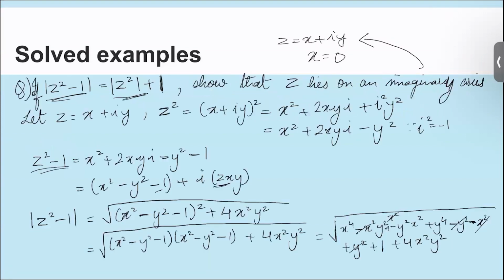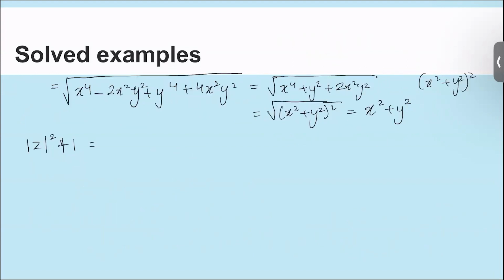Your z squared is equal to this. So from your z squared, the modulus of z you can find. The modulus of z squared you can write as x squared plus y squared, and the square of this plus 1.